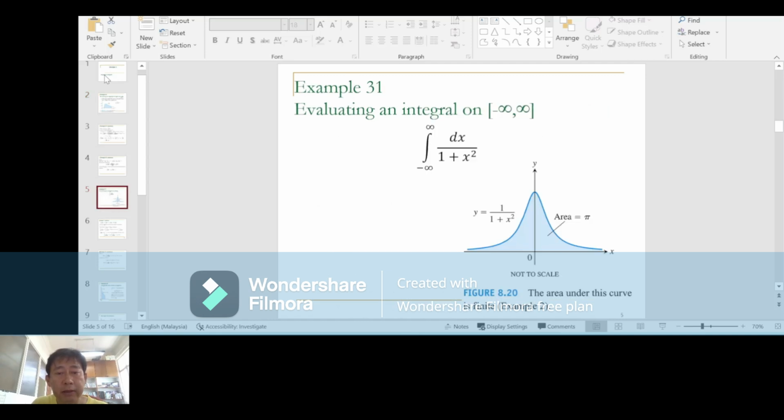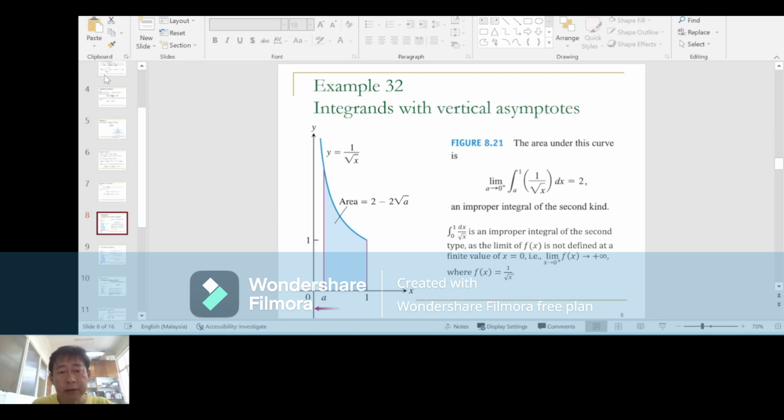Examples 30 and 31 are considered improper integrals in the sense that the values of x have to be taken to infinity. Whereas for the improper integrals of the second kind, the integrations are taken within a finite range of x, but at certain finite values of x, the function of the integrand is not defined.